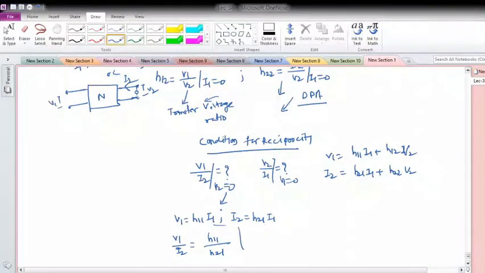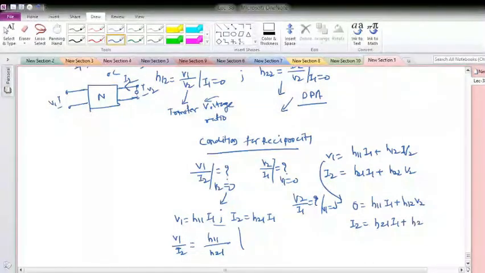Okay, this is done. Now let me calculate V2 upon I1 for V1 is equal to 0. So if V1 is equal to 0, this will become 0 equals H11 I1 plus H12 V2, and here I2 will be equal to H21 I1 plus H22 V2.